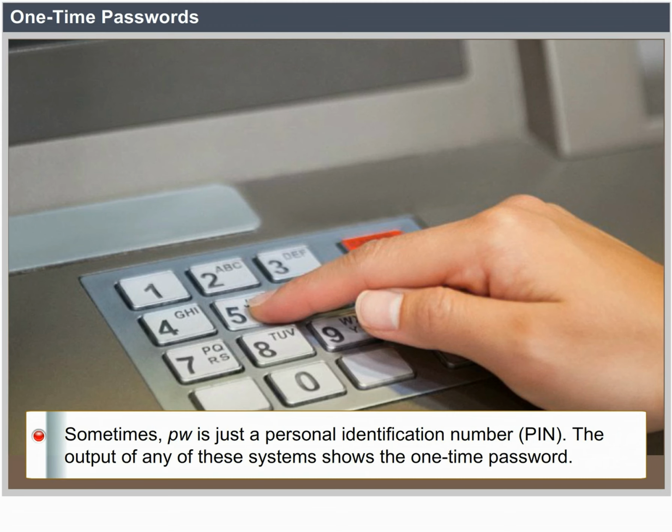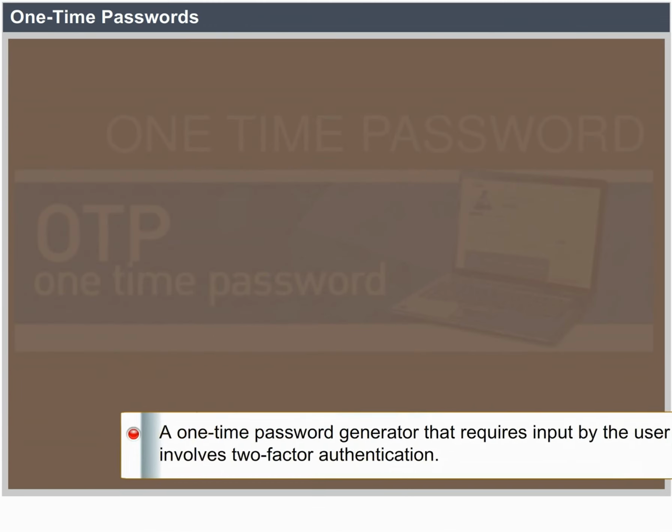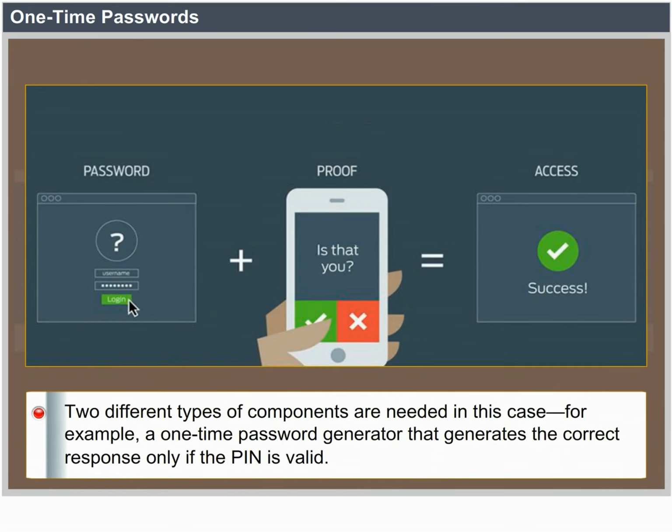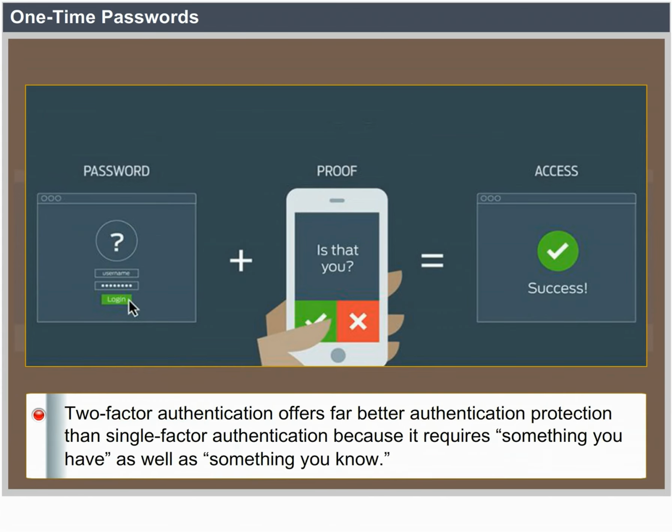A one-time password generator that requires input by the user involves two-factor authentication. Two different types of components are needed in this case. For example, a one-time password generator that generates the correct response only if the PIN is valid. Two-factor authentication offers far better authentication protection than single-factor authentication because it requires something you have as well as something you know.